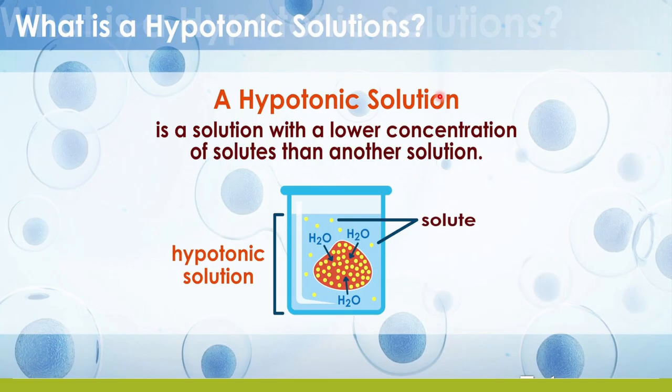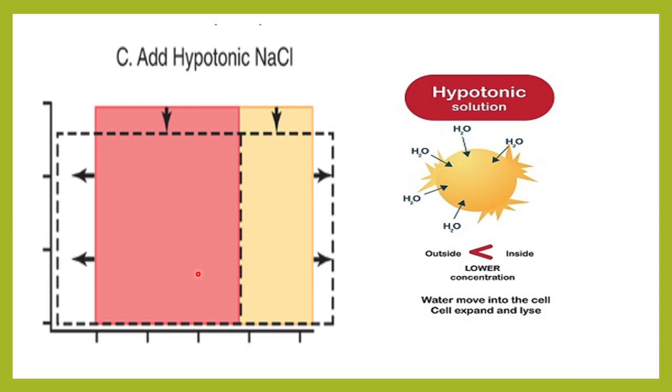Now a hypotonic solution. So what is a hypotonic solution? A hypotonic solution is one which has a lower concentration of the solute than the other solution. So suppose I add hypotonic sodium chloride, so I have added a fluid, definitely the extracellular compartment is going to expand. The concentration of sodium is less outside, in the extracellular fluid.